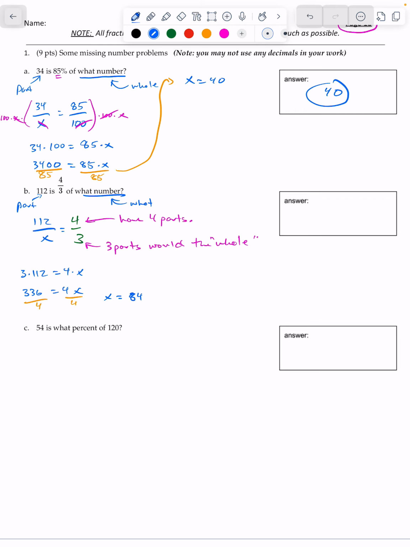Let me just double check on that. 336 divided by 4. There we go. Yep.